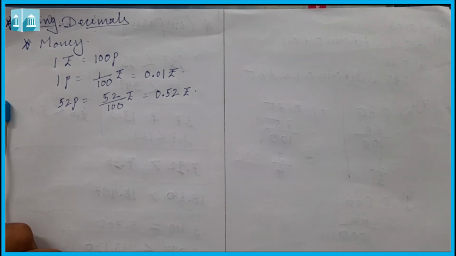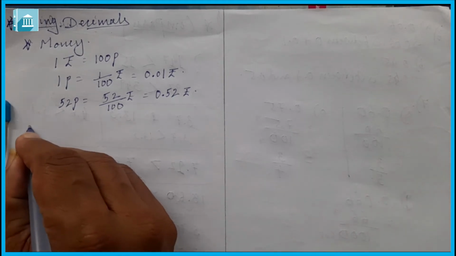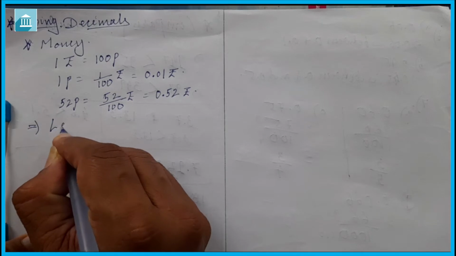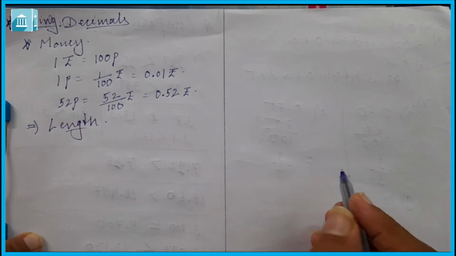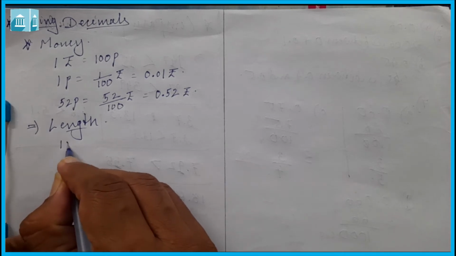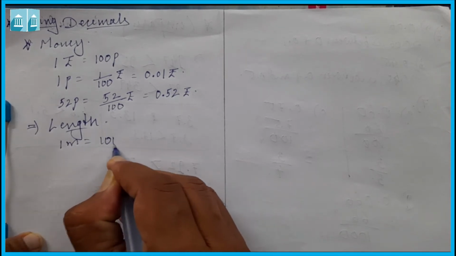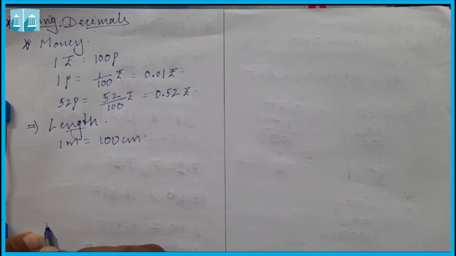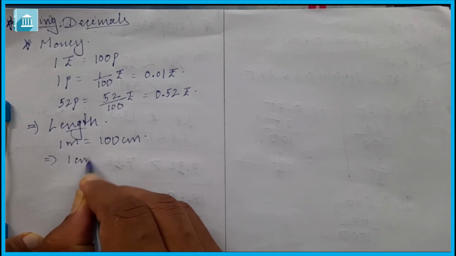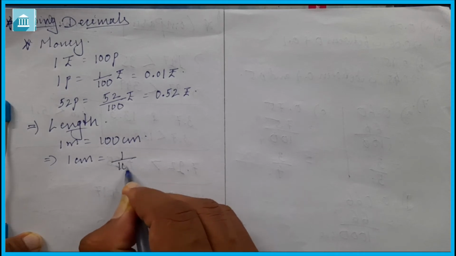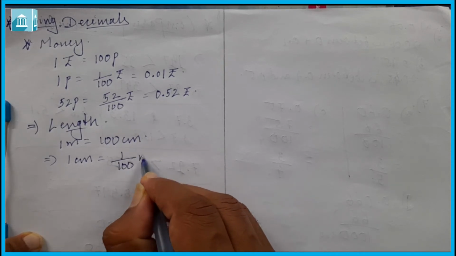In the same way, we can use decimals in length also. In length we know that 1 meter is equal to 100 centimeters. Therefore 1 centimeter is equal to 1 upon 100 meter.